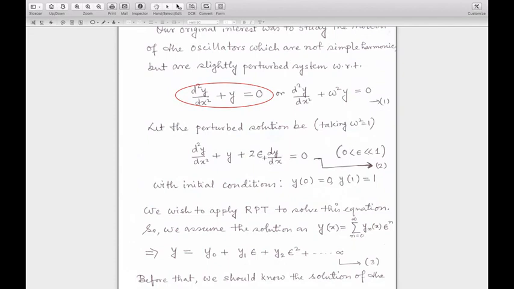That was the case of the damped oscillator. dy dx for our physical case is nothing but the velocity of the system, and the damping force is usually proportional to the velocity, right? This basically gives an unforced damped oscillator, right?